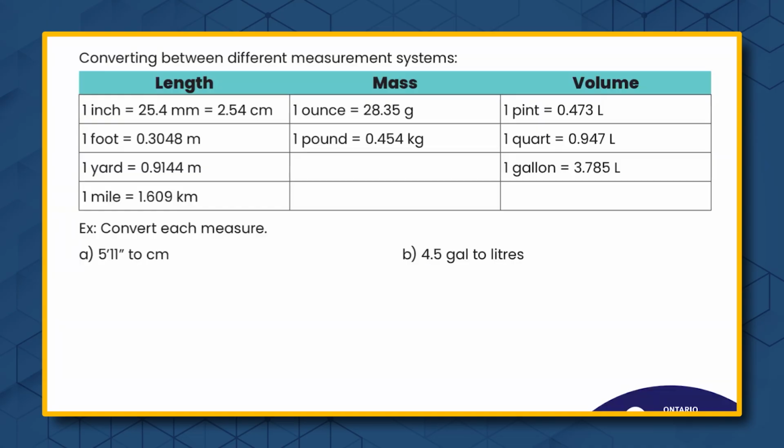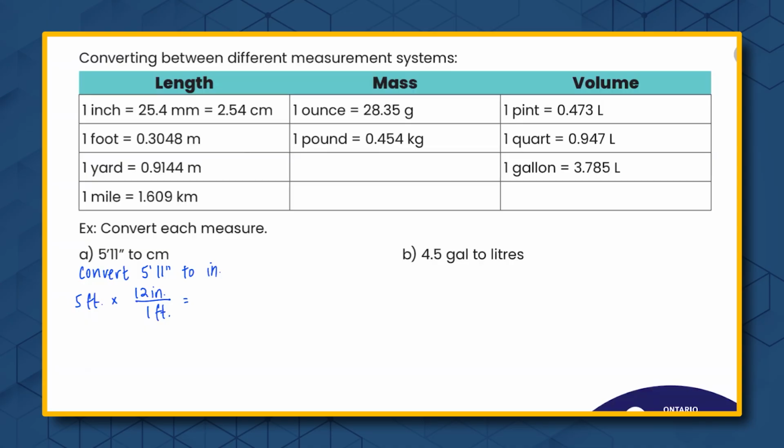And so we're going to do what we did at the very top. Let's first convert 5 feet, 11 inches to inches. So I want to see how many inches 5 feet is equal to. Using my conversion factor, there are 12 inches in every foot.